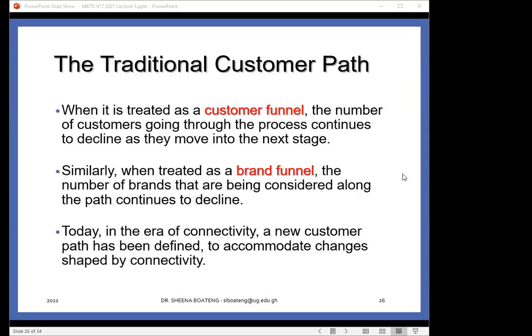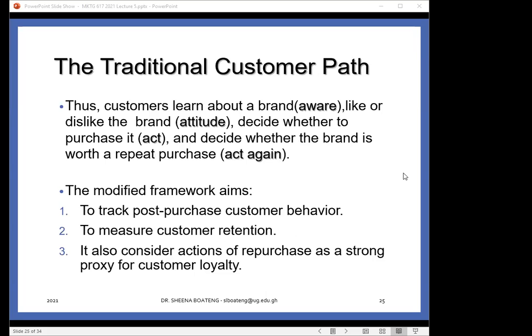So when the 4 A's are treated as a customer funnel, we realize that as we get closer to the end of the process, and we are going through the stages, the customers begin to decline as we move from stage to stage towards the end. So the number of customers you have at the awareness level are fewer than the number of customers you have at the attitude level.